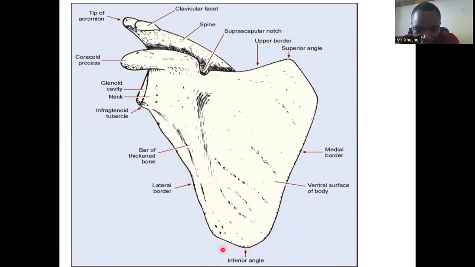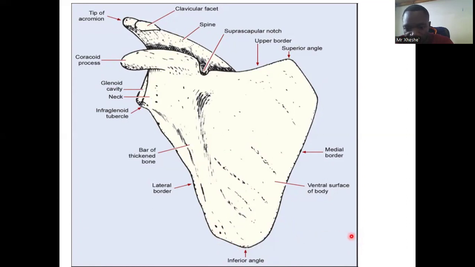If you draw a straight line from the inferior angle towards the spine, you are touching directly the 7th thoracic vertebra. The bone at the back there, thoracic vertebra number 7, is in the same plane as the inferior angle. So you can count from there now.